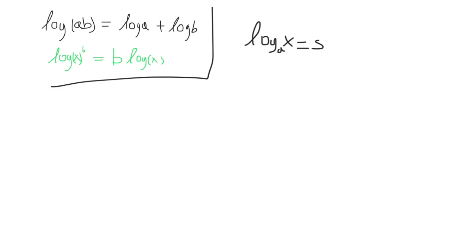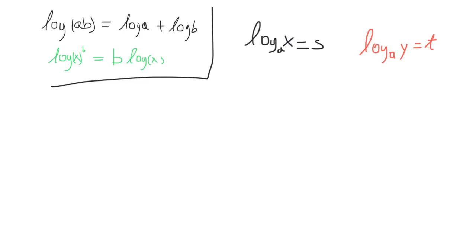And they also say that log with the same base of a, y equals t. So in other words, anytime in the future you see log with a base of a, x, it's really just s. Anytime you see log with a base of a, y, it's really just t.